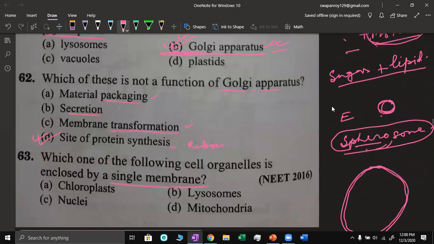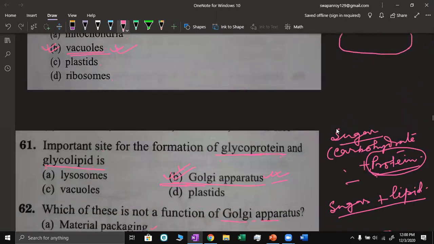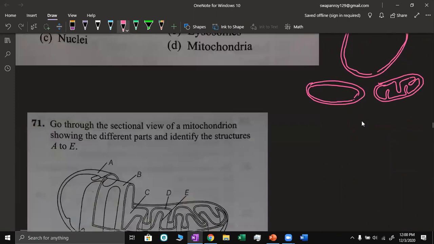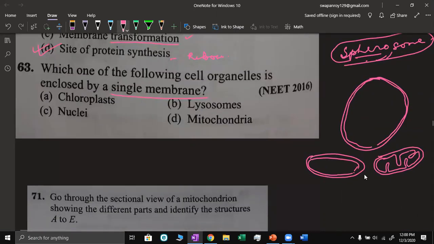Golgi complex also, those membranes are also double layer. Nucleus also double layer. So this chloroplast is double layered. Nuclei, double layered membrane. Mitochondria, double layered membrane. The lysosome is a single layer bounded organelle.